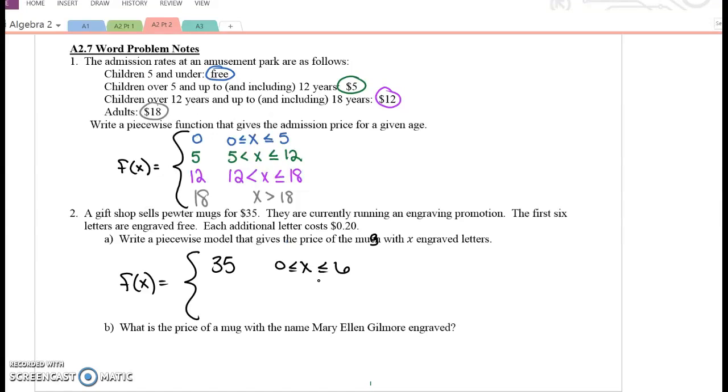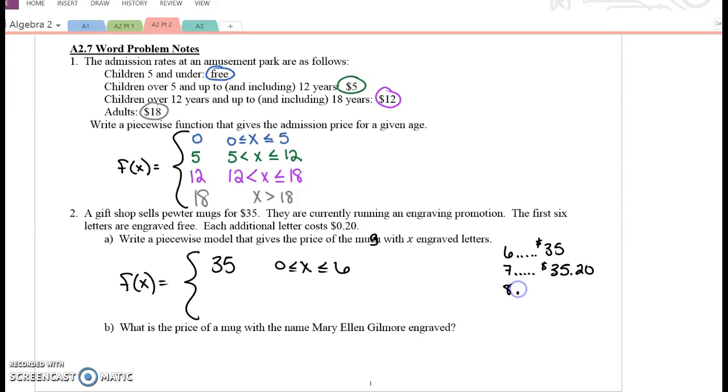The next function is a little bit more complicated, and I don't expect any of you to just write it down the first time without trying something out. So over here, I'm going to write down that if we have 6 letters engraved, we spend $35. If we engrave 7 letters, how much is that going to cost us? $35.20.